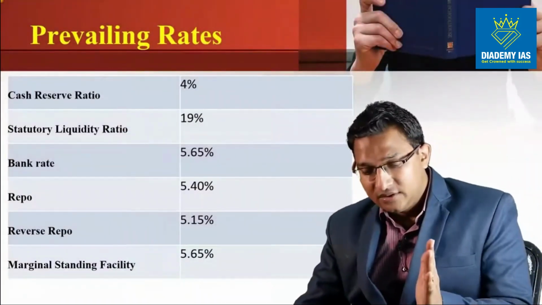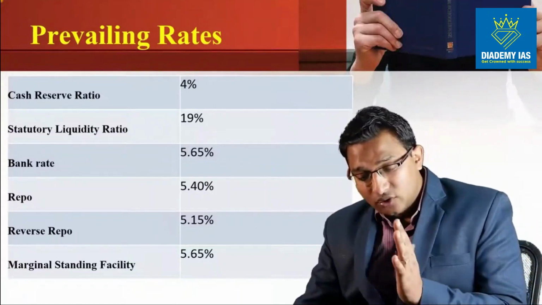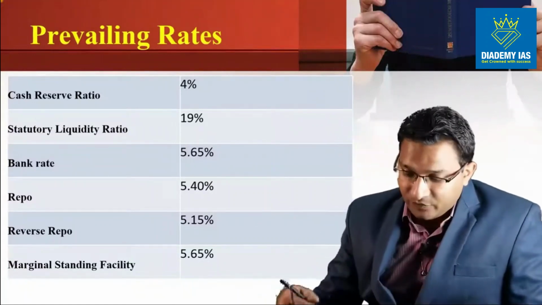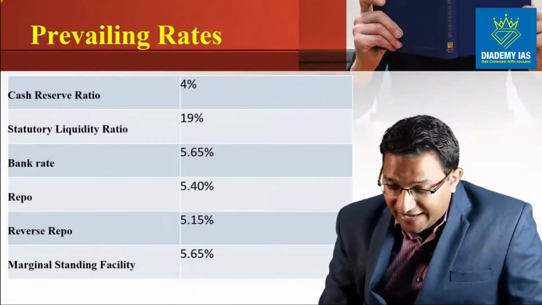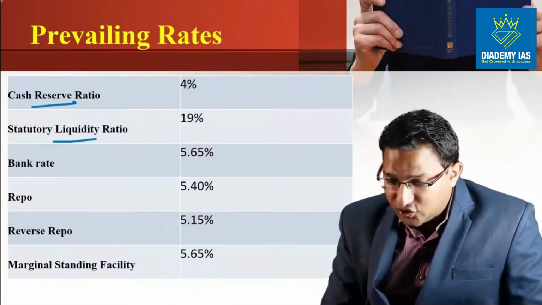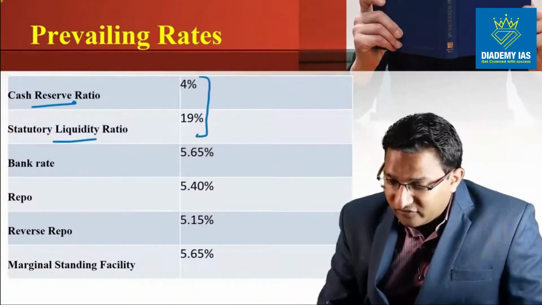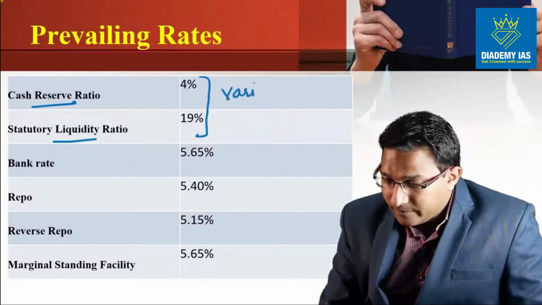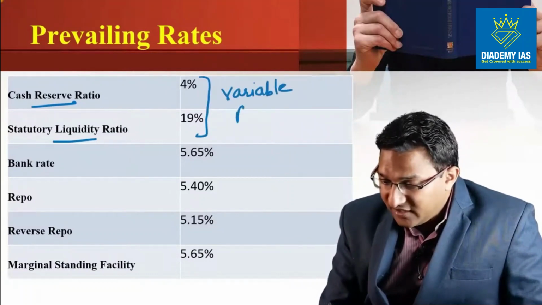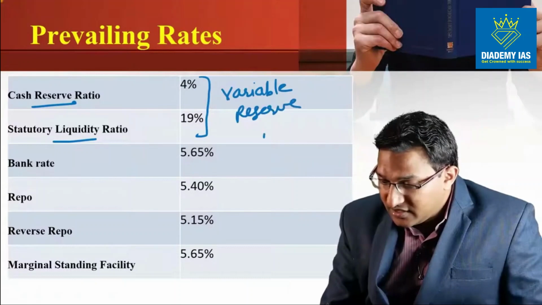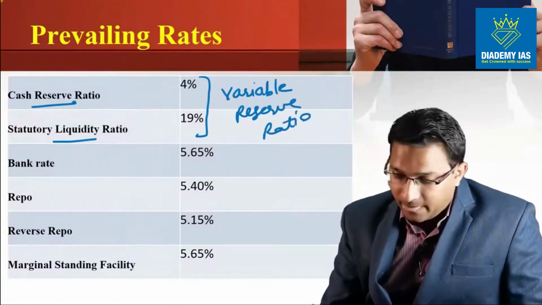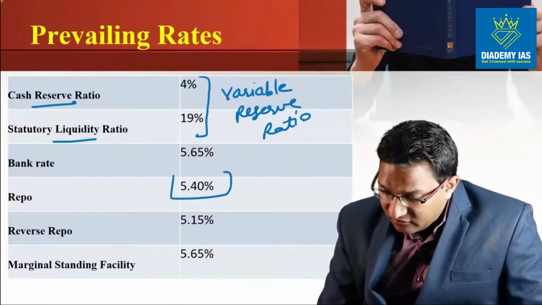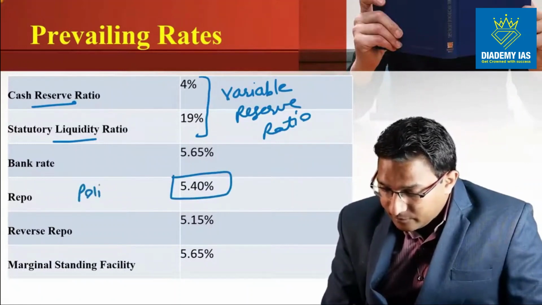Here you can see the prevailing rates of all the important indicators. So we have cash reserve ratio, statutory liquidity ratio. If we combine both of them, this is called variable reserve ratio, and we have the policy rate, which is the repo rate.